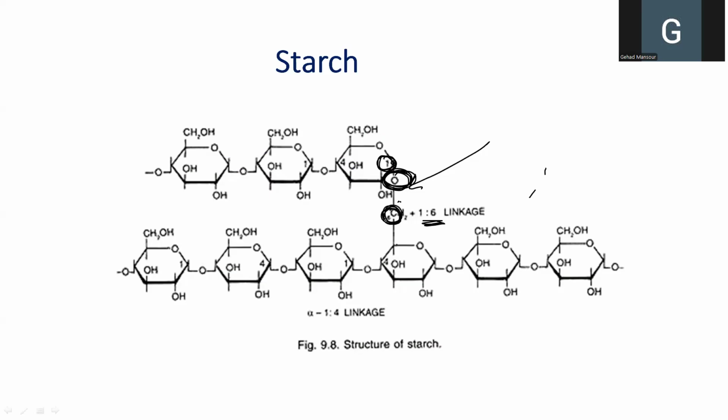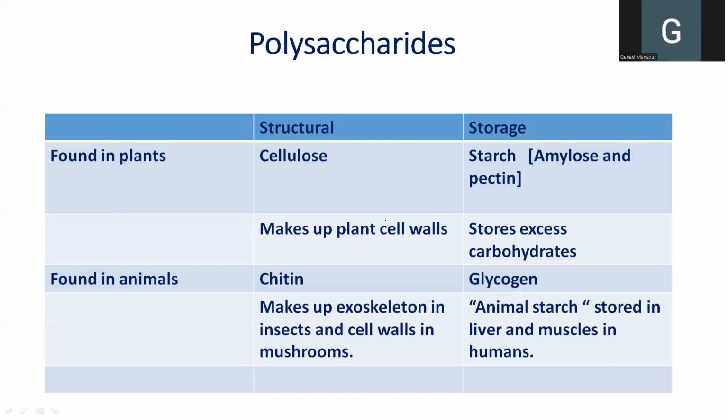So the branching point forms a glycosidic linkage again, and that glycosidic linkage is a 1,6 linkage because it is between the carbon atom number 1 of one glucose molecule and the carbon atom number 6 of the other glucose molecule.